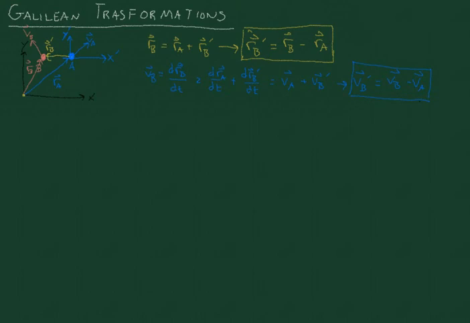So now this tells us that if we are object A and we're traveling along with some velocity, then this is what our apparent velocity of particle B would be.